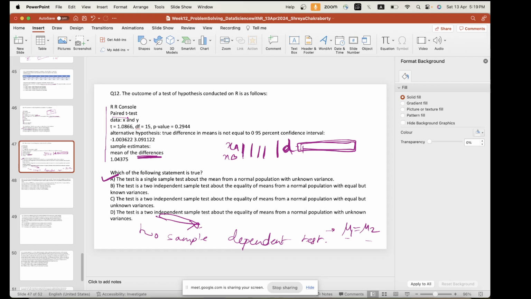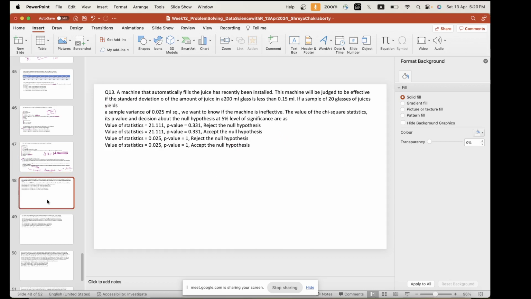So then next we move on to a test for variance. Here the question is, the machine that automatically fills the juice is judged to be effective if the standard deviation of the amount of juice in a 200 is less than 0.15. So effective if sigma is less than 0.15.